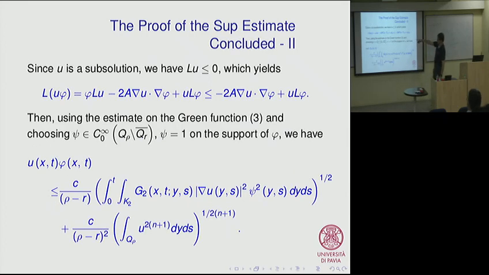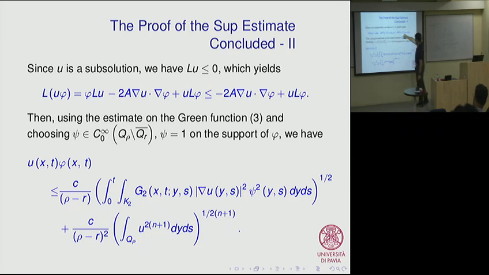L is a second order operator, so when you do all the computations, you have all the second order derivatives on u, then all the second order derivatives on phi, and then mixed terms, with first order derivatives on both u and phi. As I said at the beginning, u is a subsolution, so by definition L of u is non-positive. So I can get rid of this term because it has a sign, and I end up here.